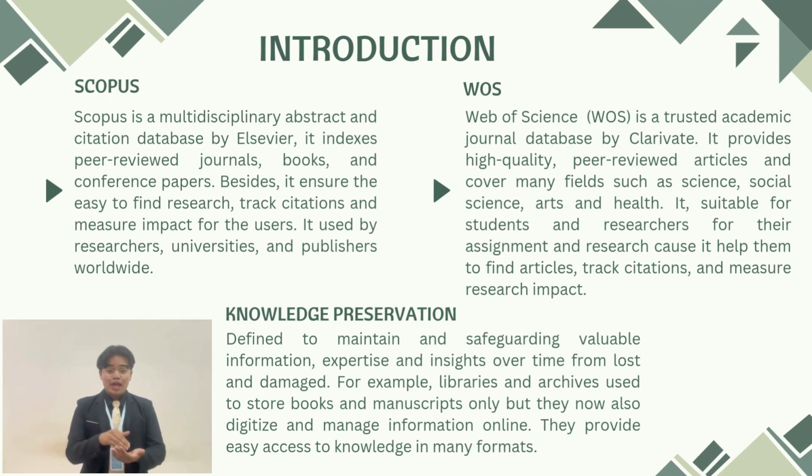WOS provides access to citation indexes and scholarly literature such as books, conference papers, or journals for the researcher. It helps the researcher to find, analyze, and track all of the citations and research.